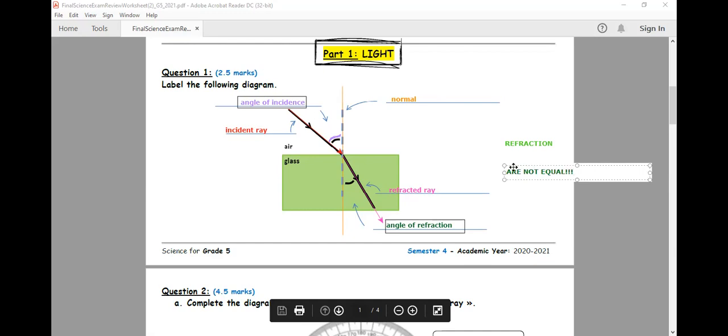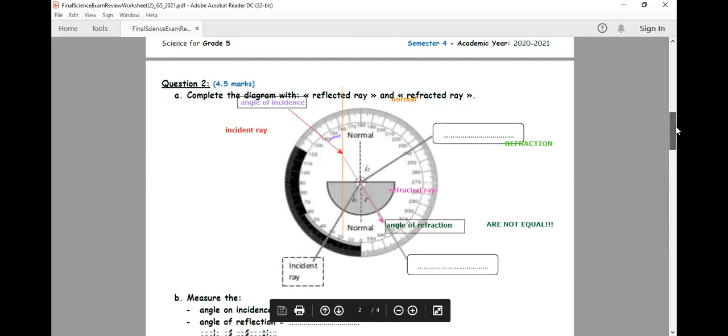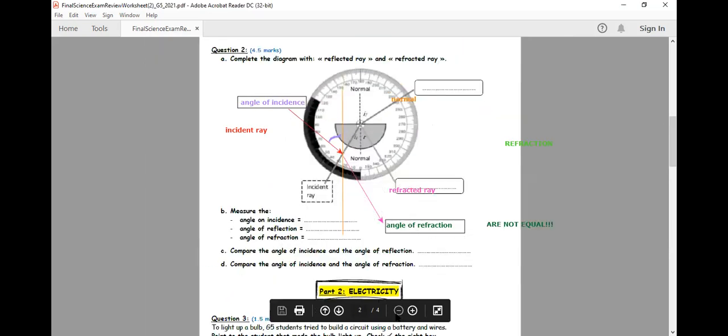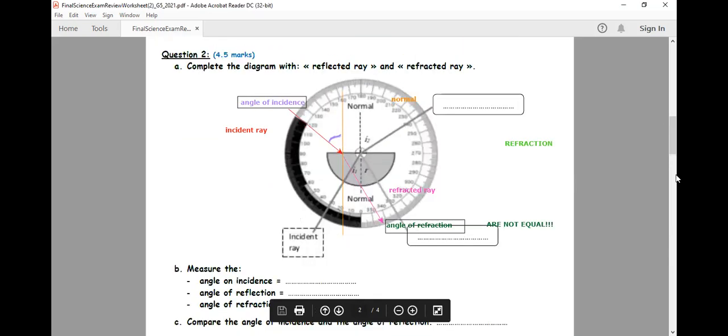We're not talking about reflection here. These light rays bend when they move from one medium to another medium.